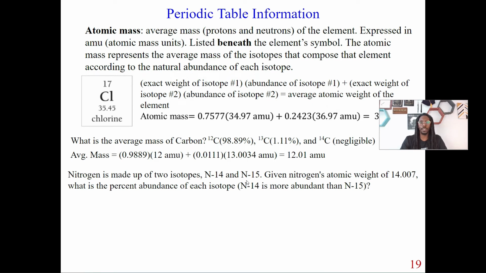So I already know the exact weight of both of those. And I know the average mass is going to be 14.007. The only thing I don't know is the percent abundance for both of these. Well, Dr. J, what we about to do? Well, we about to do some algebra in here.